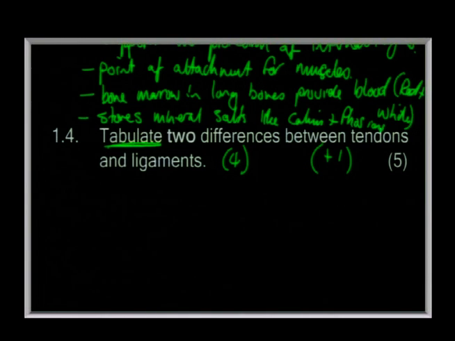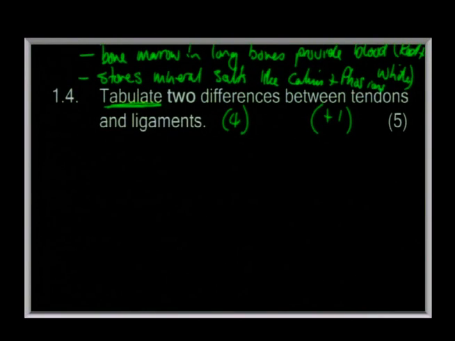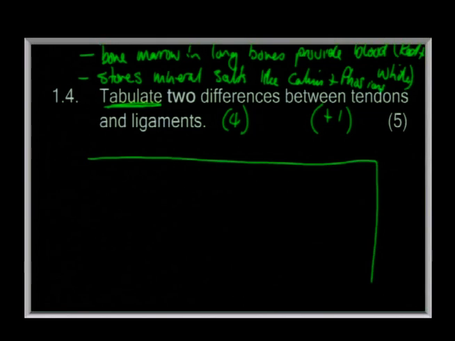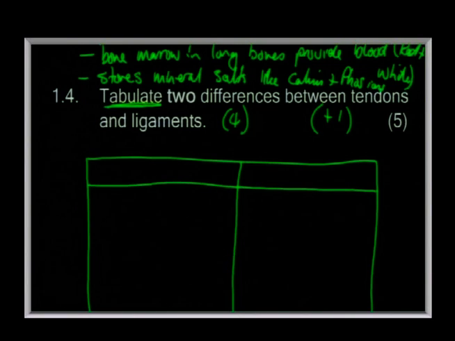So what we're going to do here is, just for drawing this, you get an extra mark. I mean, really, people, it's the easiest mark you'll ever get. Look there. So here we say tendon, and here we say ligament. Because that's what they want, differences between tendons and ligaments.